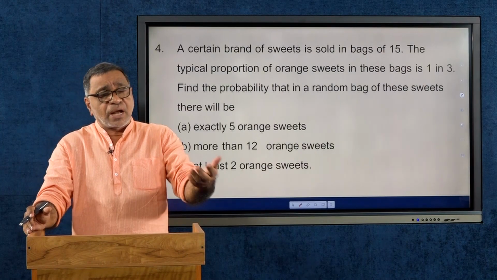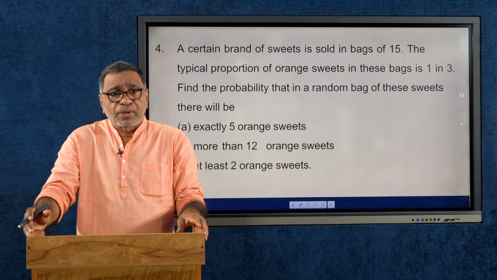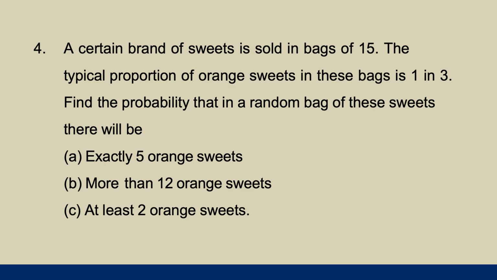And this is another example. Suppose a certain brand of seeds is sold in bags of 15. The typical proportion of orange seeds in these bags is 1 in 3.